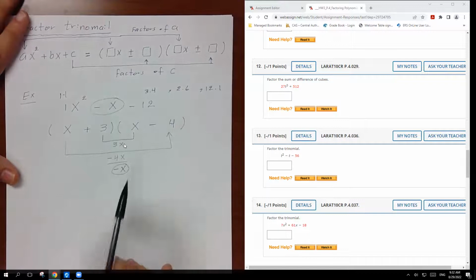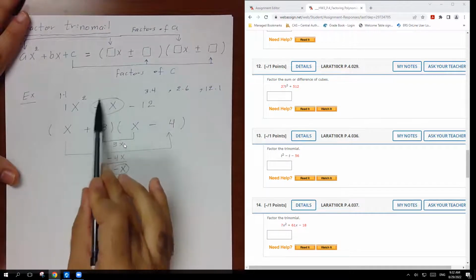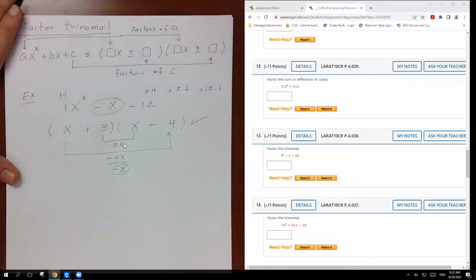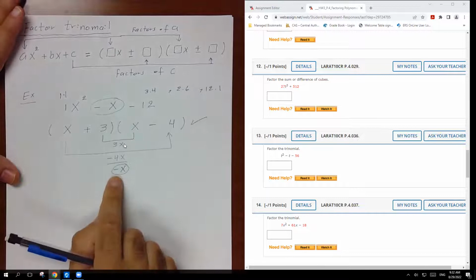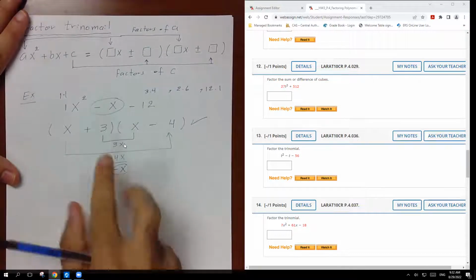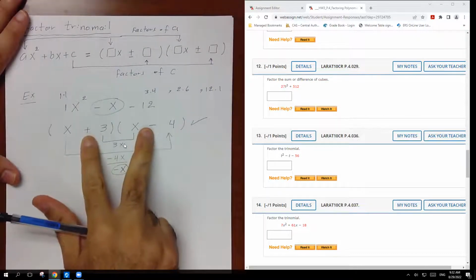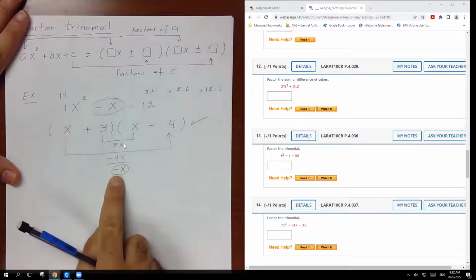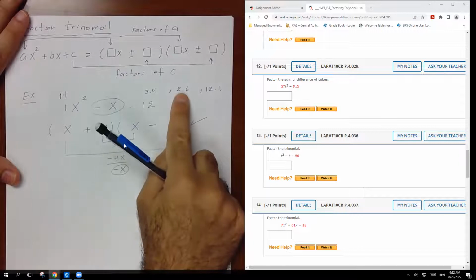Negative x is exactly like the term here in the middle. So when you get negative x, the middle term, exactly like this one, that means this is the right solution. If you get different term here, that means you have to change the sign. If you change the sign and you still have different term here, you have to go ahead and choose different factors.